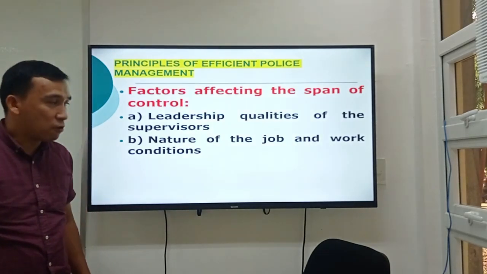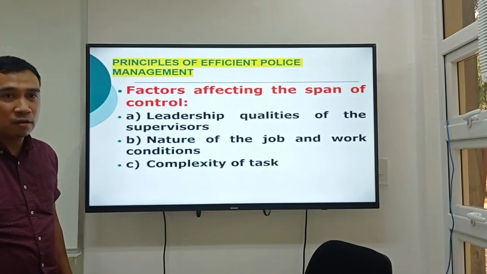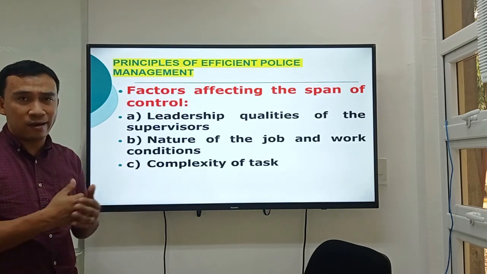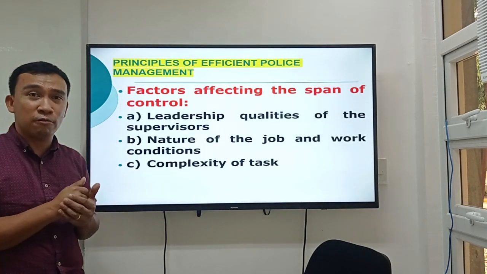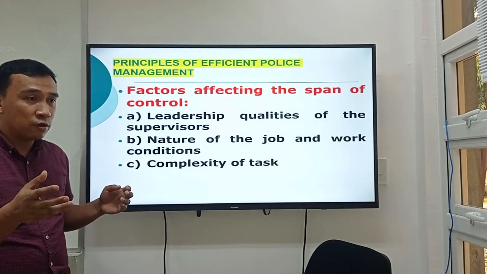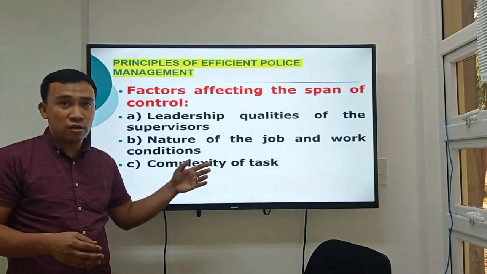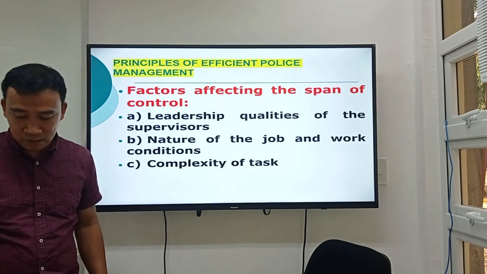Third is the complexity of task. May mga mahirap, okay, very broad, very technical ang approach. So, hindi mo kailangan ng maraming tao. All you have to do are those people na naka-align doon sa task or doon sa specialization na hinihingi ng trabaho.